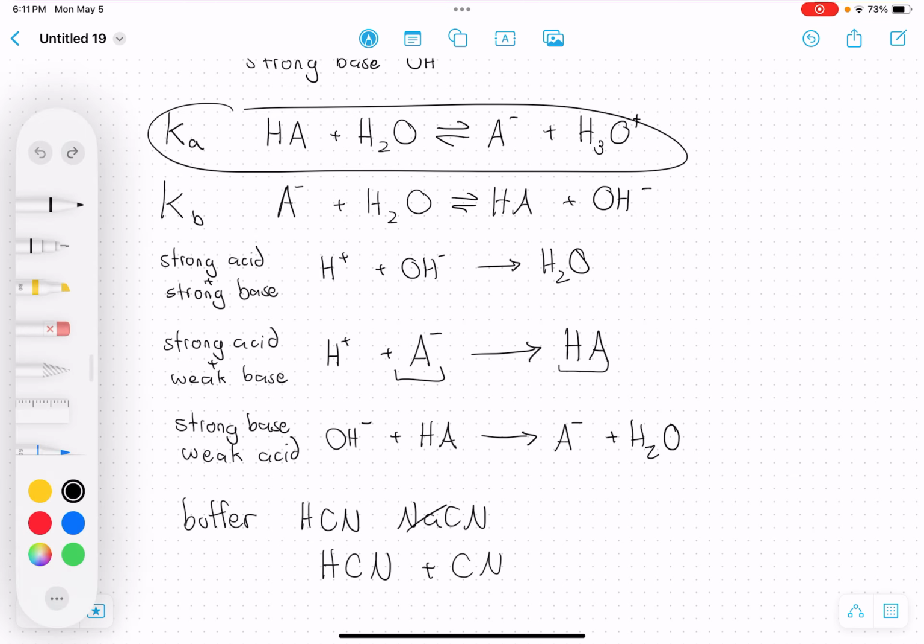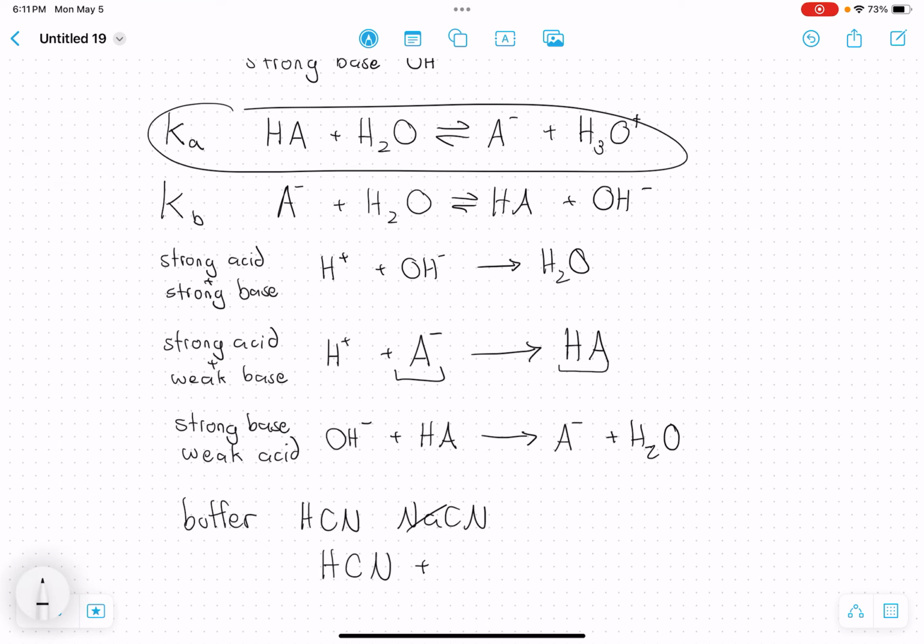They're in equilibrium with each other because they're just two different forms of the same thing. So we write that as the Ka equation, because now we can look at how to calculate pHs and stuff with just this system because it has those two chemicals in it.